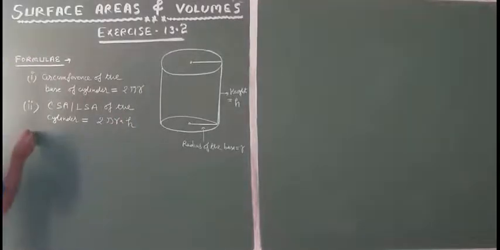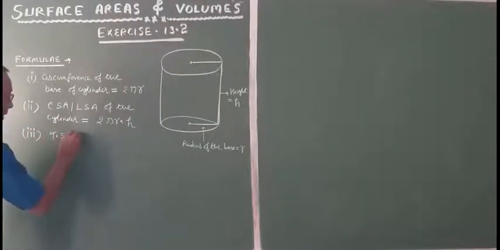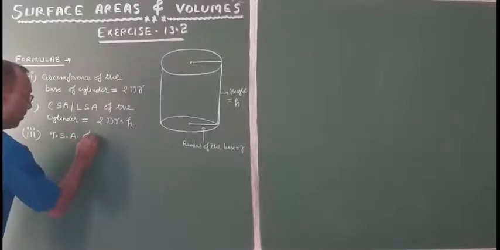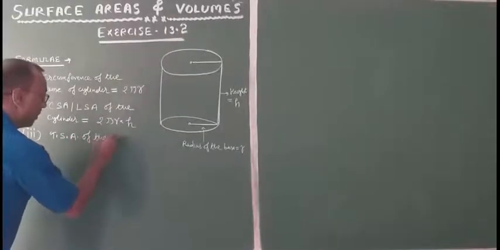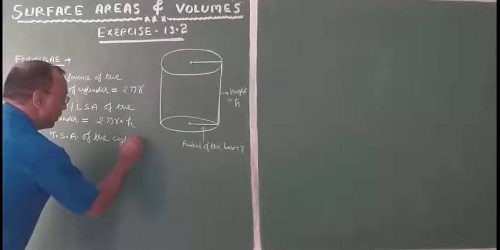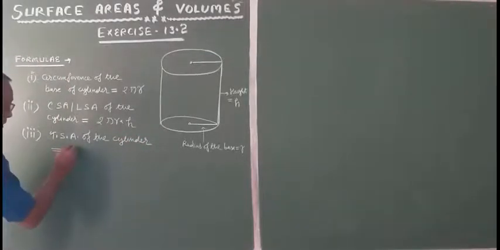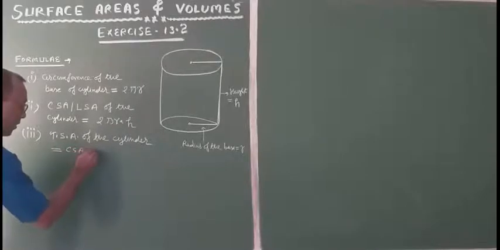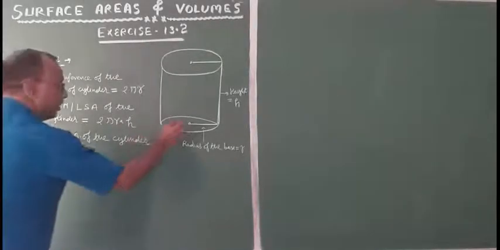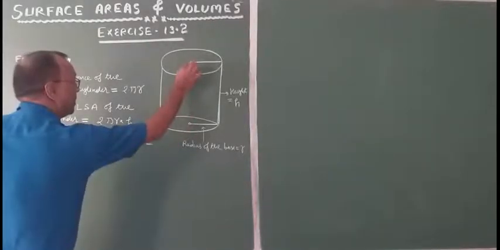Now the third one, that is total surface area of the cylinder. So that will be this curved surface area plus this area and plus this area.